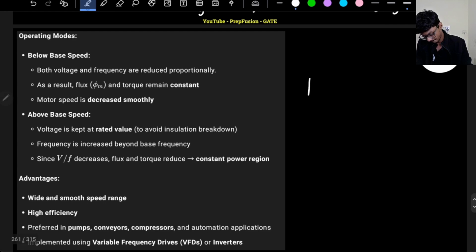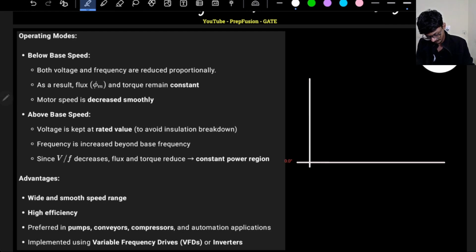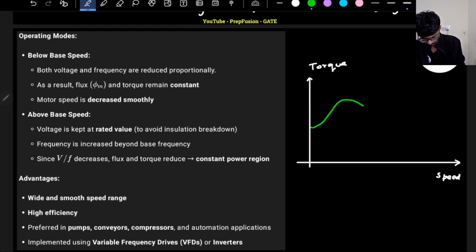So this is speed, this is torque, and this is the ideal speed torque characteristics.